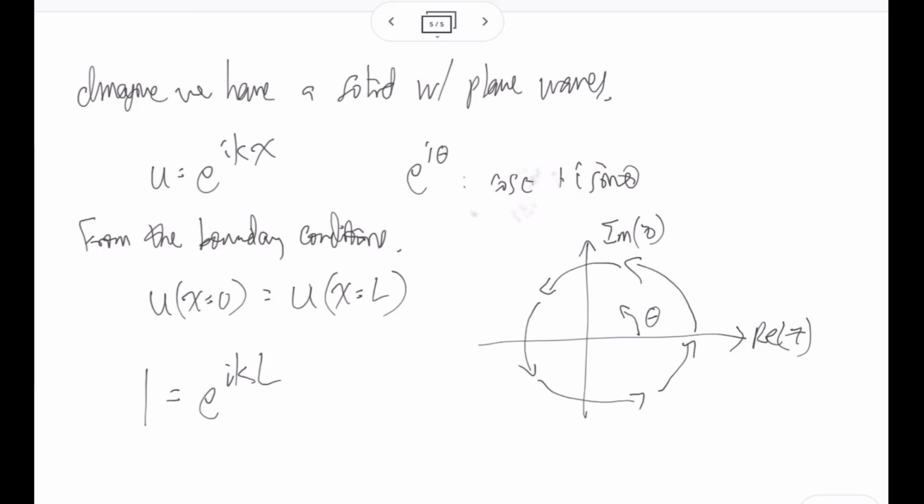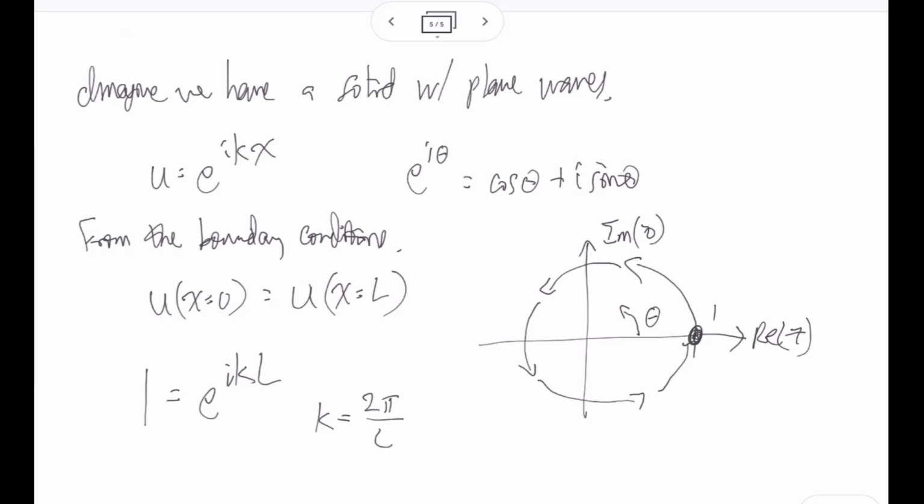This is a unit circle, so cosine theta is in the x direction, and then i times sine theta makes it go like this, and they form the unit circle. So what are the conditions where e to the ikL equals 1? And 1 is a real value that is located right here. Well, this can only happen for k equals 2 pi over L.